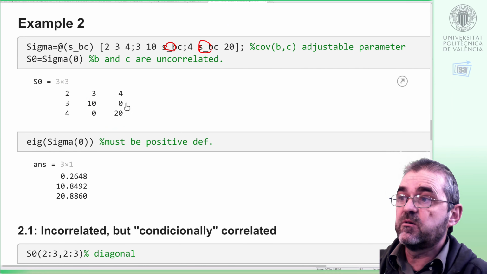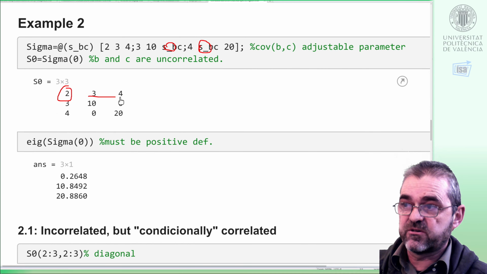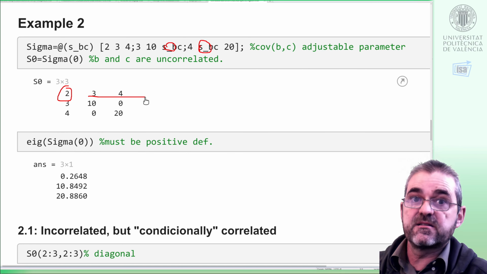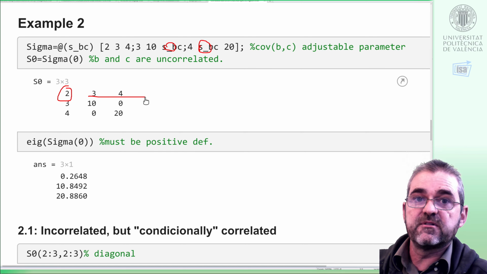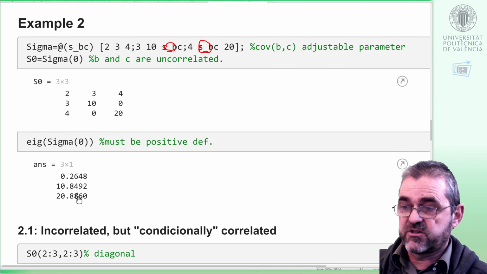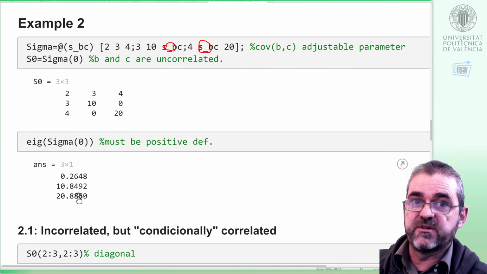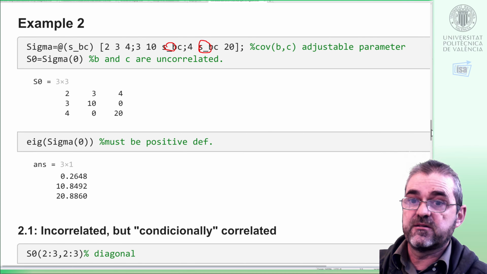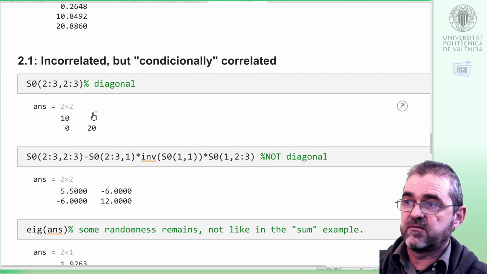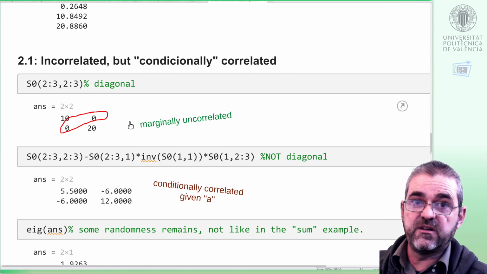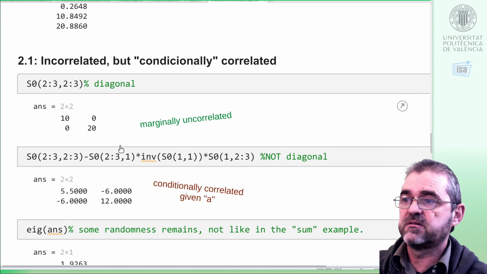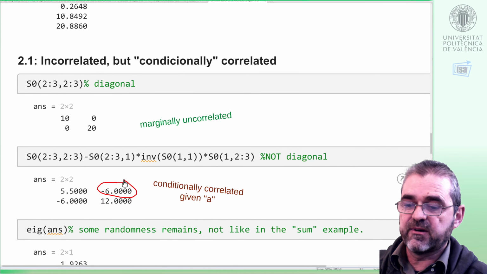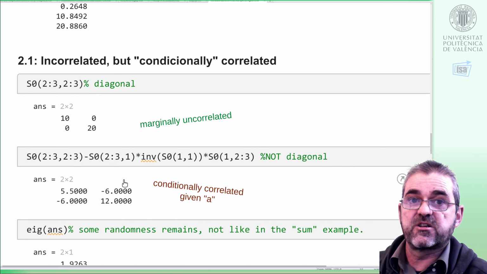But the knowledge of a third variable, A, which is correlated with both of them, then introduces some interdependence if that additional variable is known. It's a positive definite matrix, otherwise it would be nonsense in statistical terms. Okay, so good. And then, as I said, this is 0, no correlation if A is unknown, but this is non-zero, so they get conditionally correlated in the same way as the sum example.